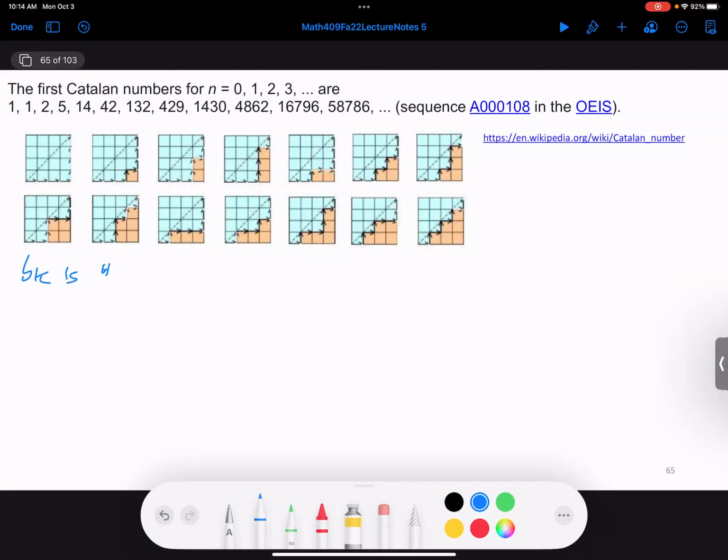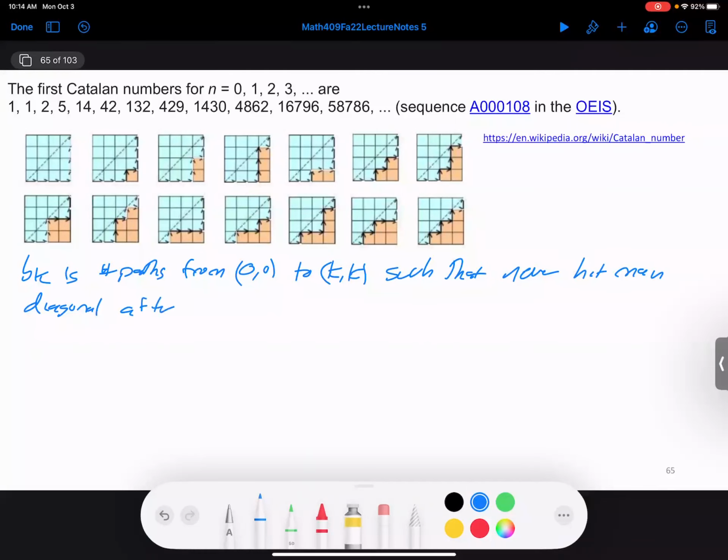B_K is the number of paths from 0,0 to KK such that they never hit the main diagonal after 0,0 and before KK.